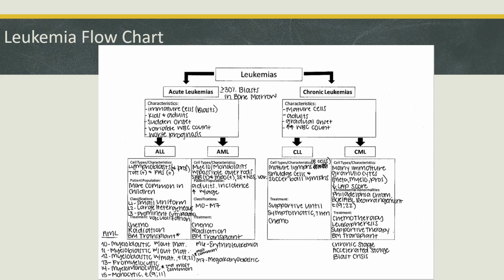But for the most part, we're going to say equal to or greater than 30% blasts in the bone marrow would lead us to believe that we are looking at an acute leukemia, and then fewer than that, we are going to be looking at a chronic leukemia, or maybe a chronic leukemia in transition, because sometimes chronic leukemias can transition into acute leukemias.